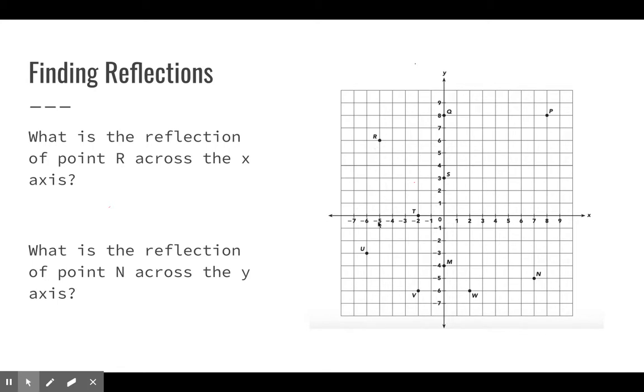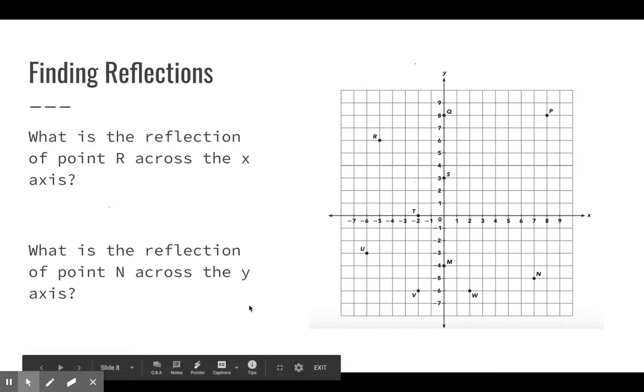Literally go straight down, cross it over, find that mirror reflection, that symmetrical point. You're also going to look for the reflection of N, but this time it's going to be across y. And again, literally, you will cross over the y-axis and find that symmetrical or mirror image point on the other side. Please do that now.